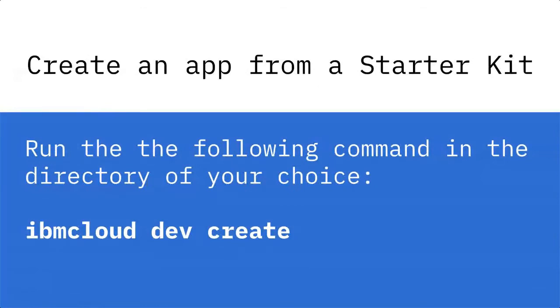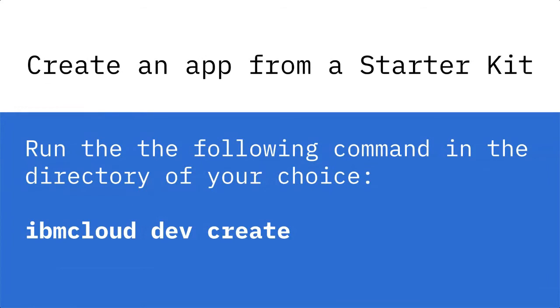There we go. So basically, so far we have this, and we have this. So you've installed the IBM Cloud CLI. Sorry, I'm just trying to post these here for you guys.